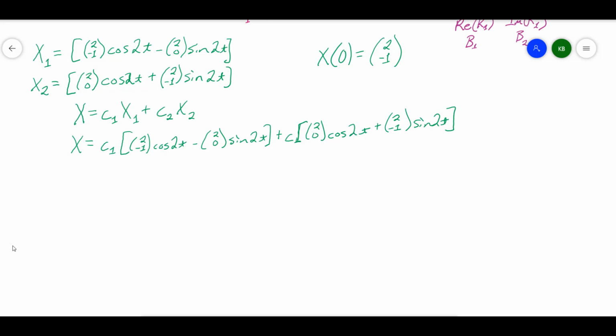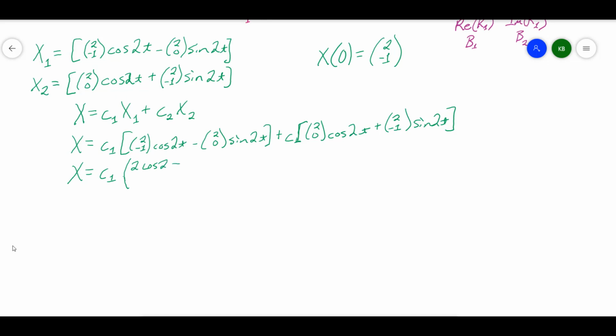And that looks like a lot. So a common thing that we do is go on and multiply and combine these vectors. So we've got c1 times what's going to end up being a single vector here. We'll first take 2 as the coefficient on this cosine 2t, the top entry there.